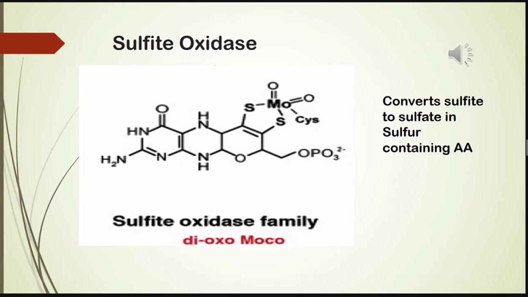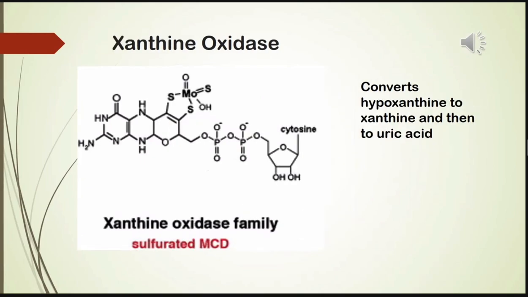This would also contain molybdenum, as seen here in the figure. Xanthine oxidase, if you remember your discussion in gout, converts hypoxanthine to xanthine and xanthine to uric acid. This would also contain molybdenum coupled with pterins. That's why it's called a molybdopterin.